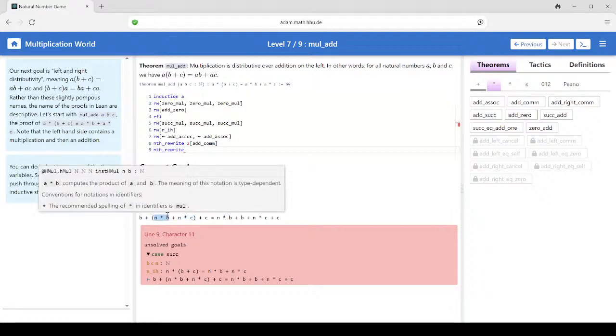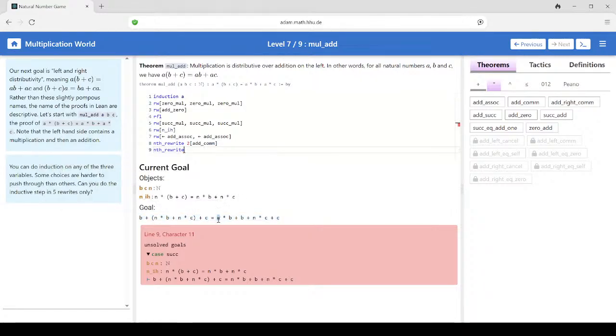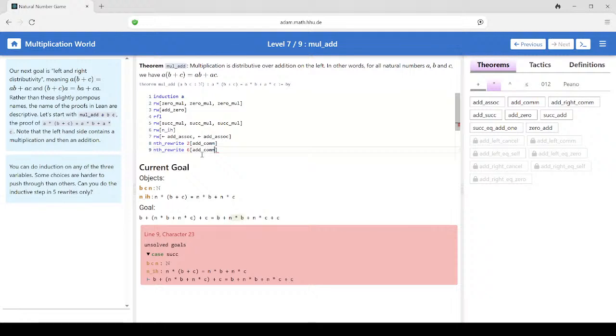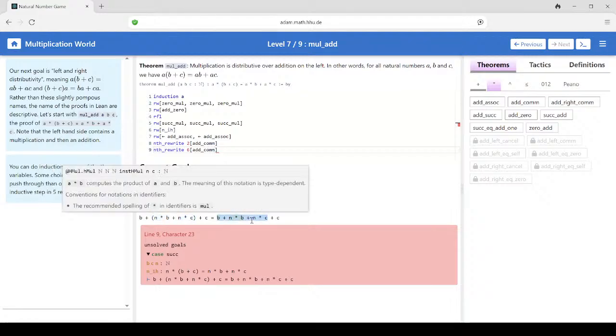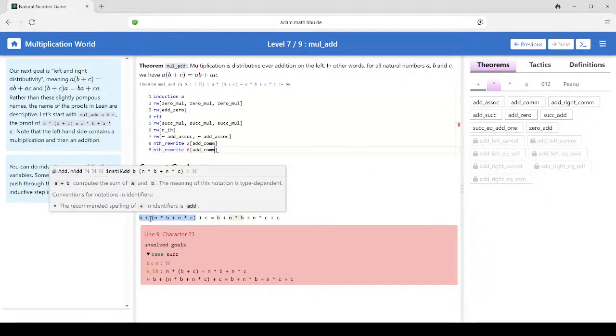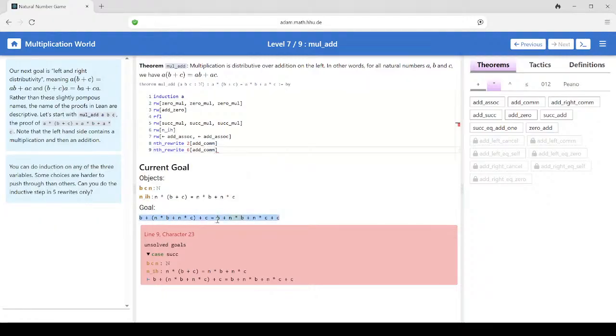Let's see, 1, 2, 3, 4, 5, 6. They're in the right order. Okay, b plus n times b plus n times b plus n times c plus n times c plus c.